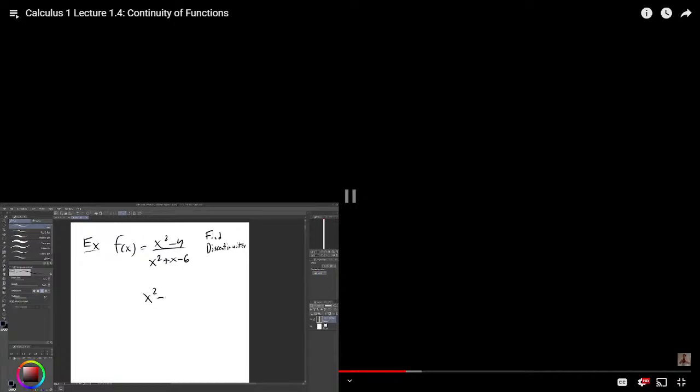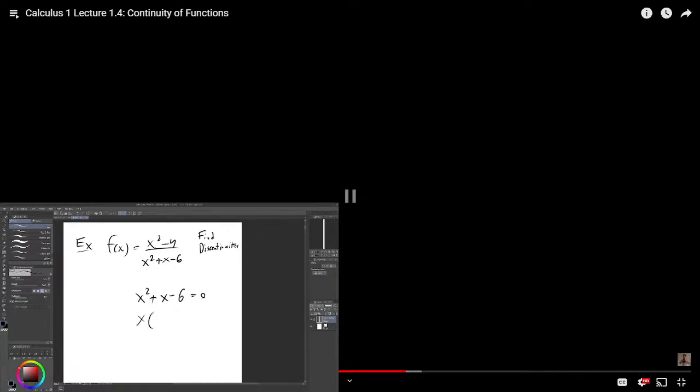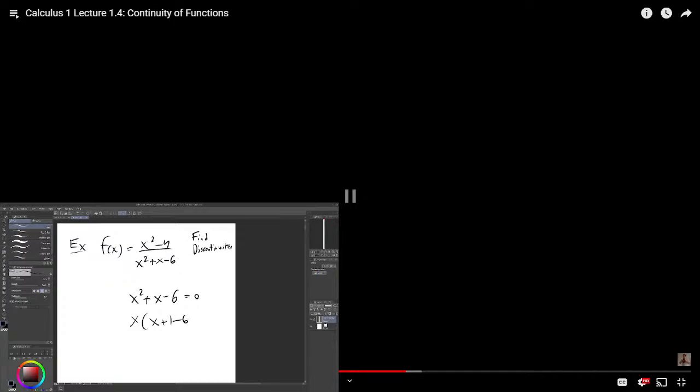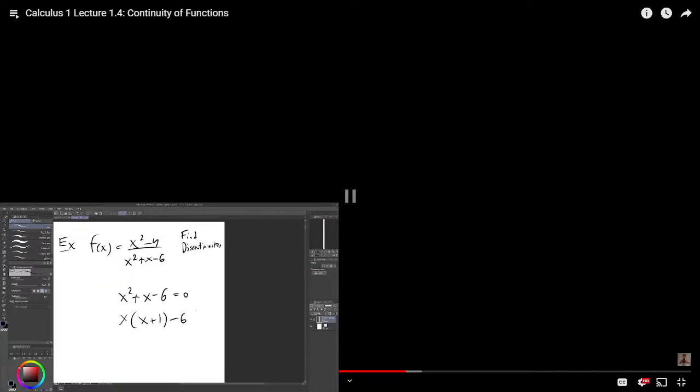Alright, so I'll set this equal to 0 first. Divide the x out maybe?